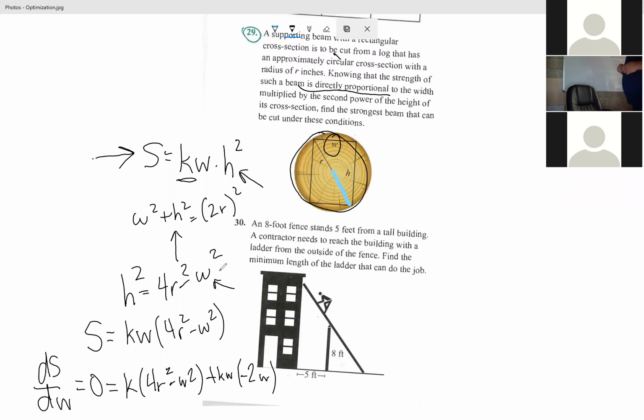Should be KW squared, right? Yes, that's what I meant. Minus 3KW squared. Yep. Okay, now I'm good.